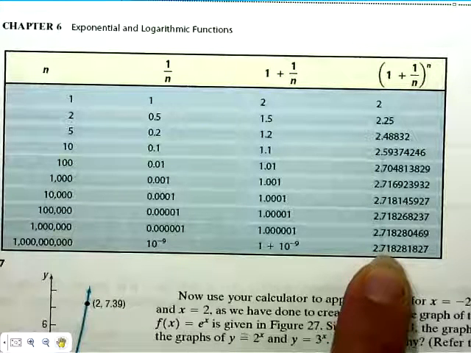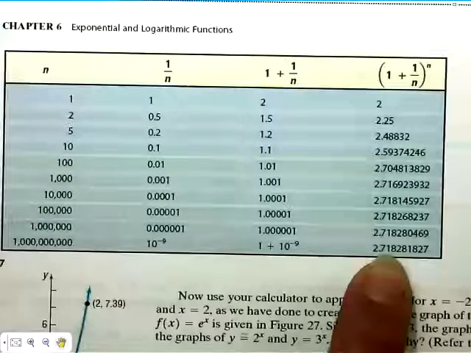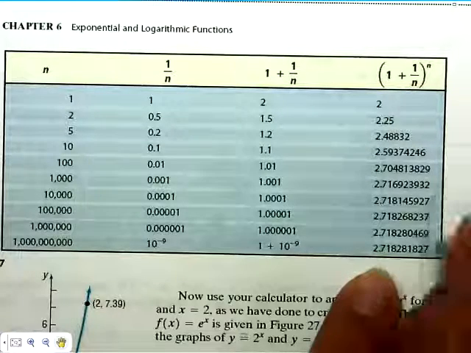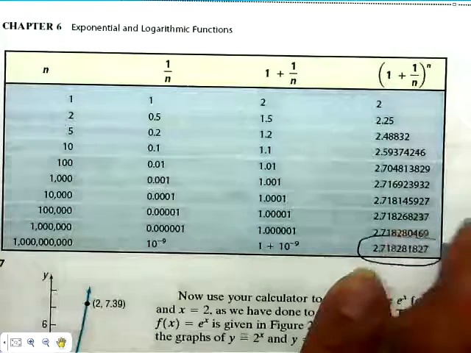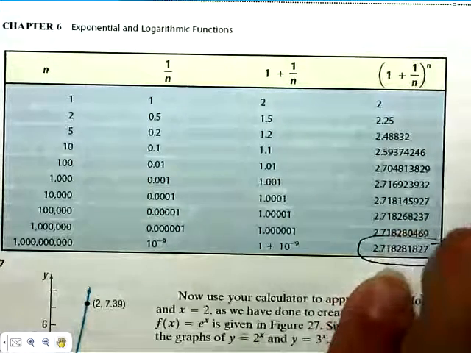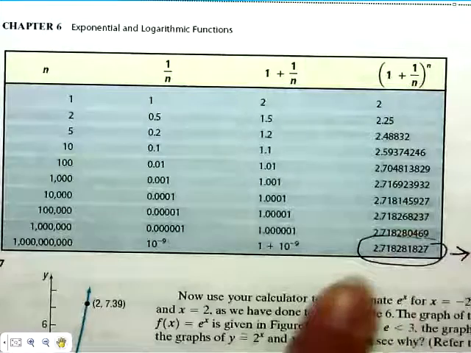This number will never become 2.72. It just gets closer and closer to it. That's the magic number. That's darn close to the magic number that we call e.